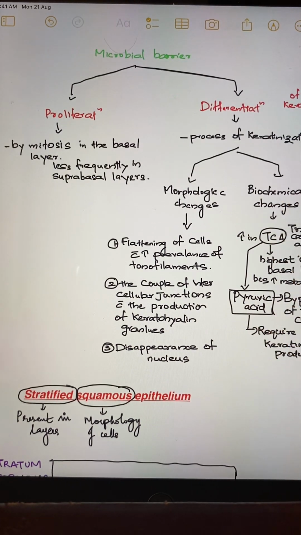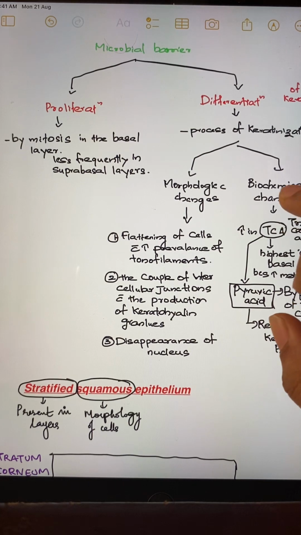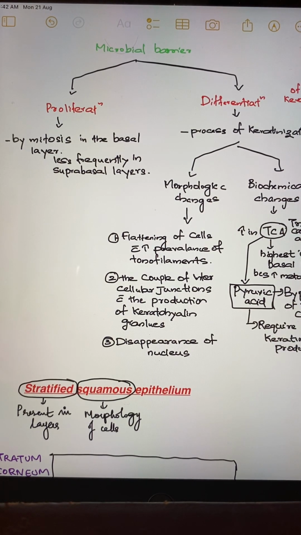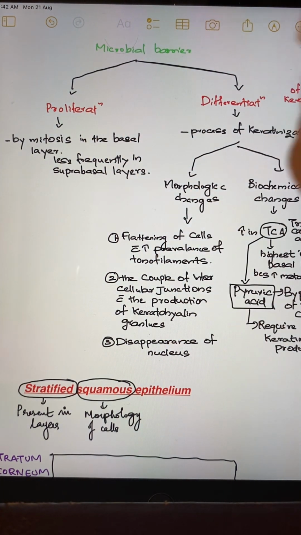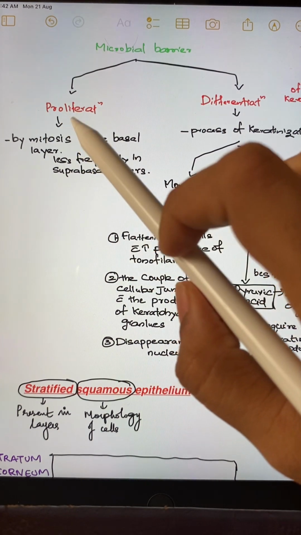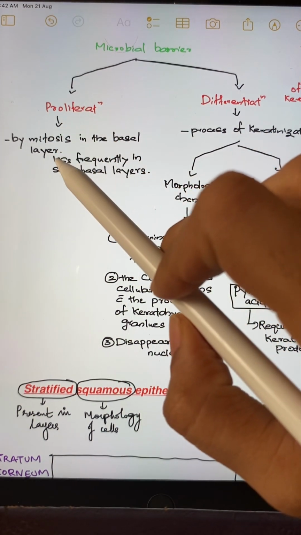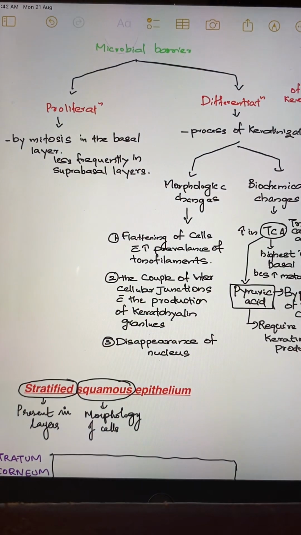This epithelium has a mechanical barrier. How this barrier forms is that they undergo proliferation and differentiation. What is proliferation? Proliferation is mitosis in the basal layer. This mitosis can be seen less frequently in the suprabasal layers that I discussed now.